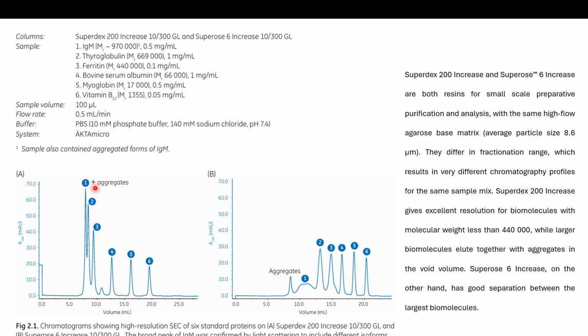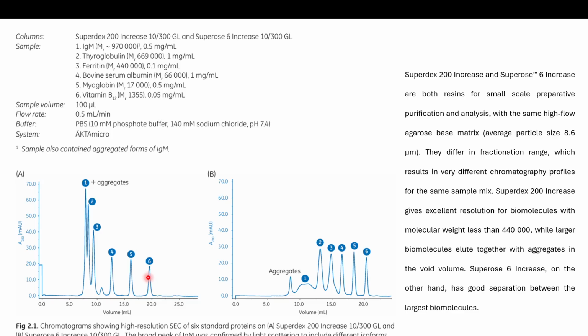Peak 1 belongs to this particular molecule, which has a molecular weight of 970 kilodalton. And the sixth one will have the lowest molecular weight and will elute at the end, having 1.3 kilodalton molecular weight, which corresponds to vitamin B12 in this case.